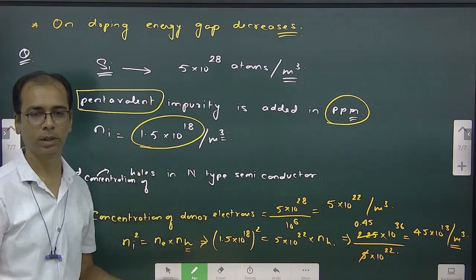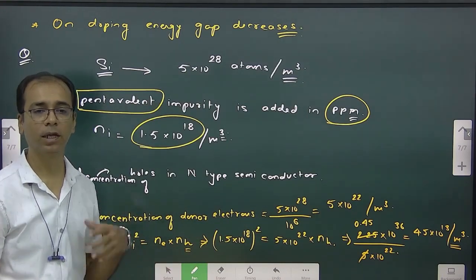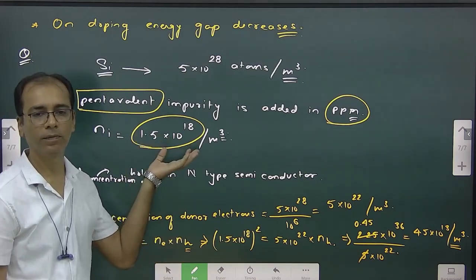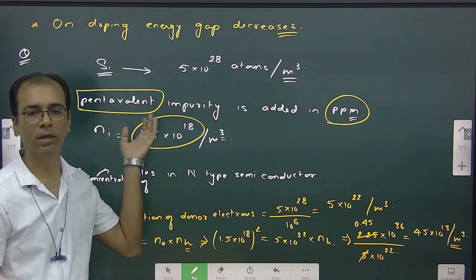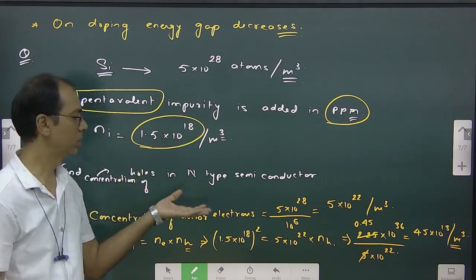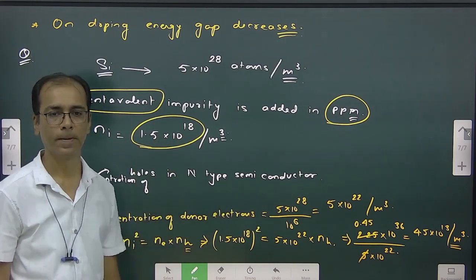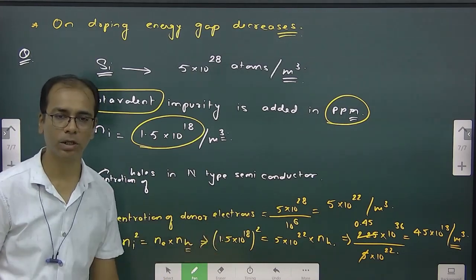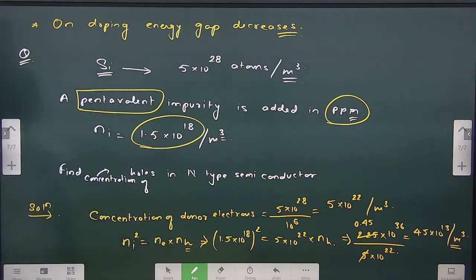This is the way we calculate. Whenever it is given how much is added in terms of ppm, get the value. If it were trivalent, then this would have been the number of holes. So this is the way. Note that one. Any doubt? Ask me. Any doubt, students?